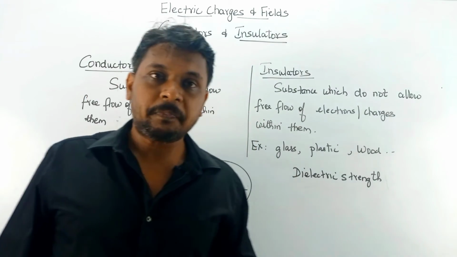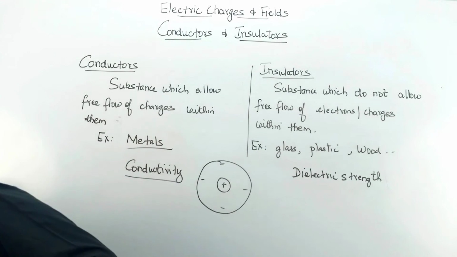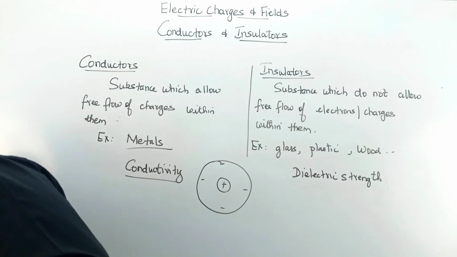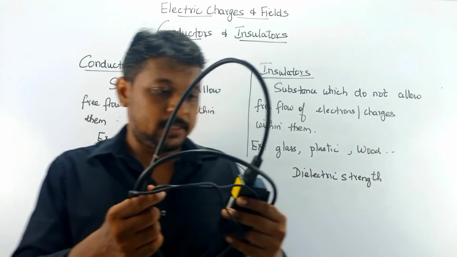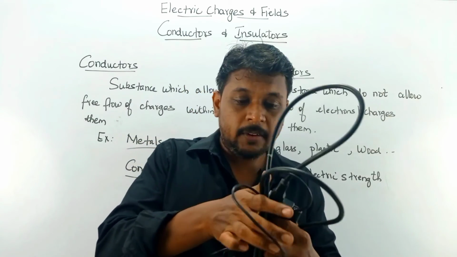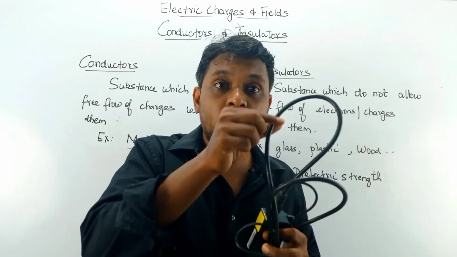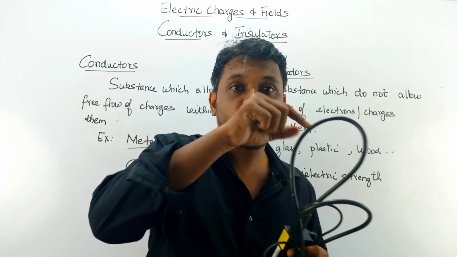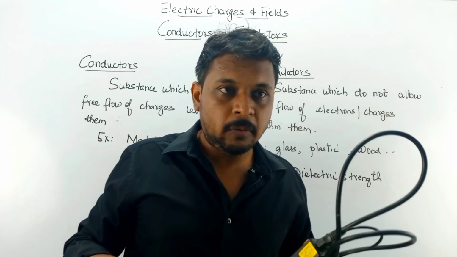For example, here I have a laptop charger, or you can take a mobile charger. When it is plugged in, inside this black wire you will have a copper wire through which free flow of charges takes place.